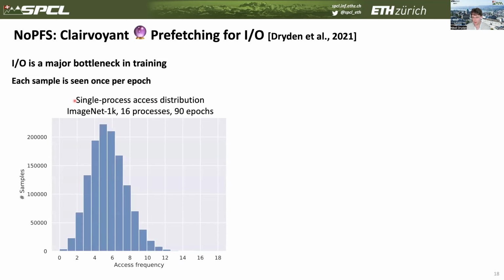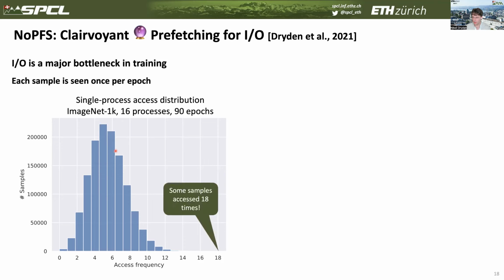So if you do this and you know the access sequence, then you can in fact compute this access distribution. This is the number of samples that are accessed a given number of times by a single process across the entirety of training. And we can see in this particular configuration, they're averaging around 6 times per sample.